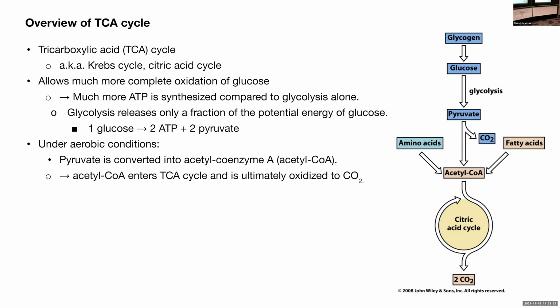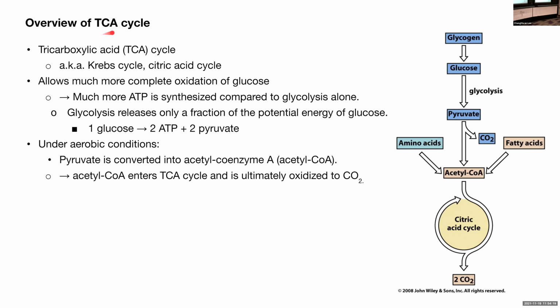So it can actually utilize different kinds of macromolecules, but we're going to focus on glucose first, or the glycolysis pathway first for this. But later on, we're going to quickly touch on the other molecules too. But whatever molecules you have, you just feed those molecules into the TCA cycle to generate lots of ATP, or again, energy.